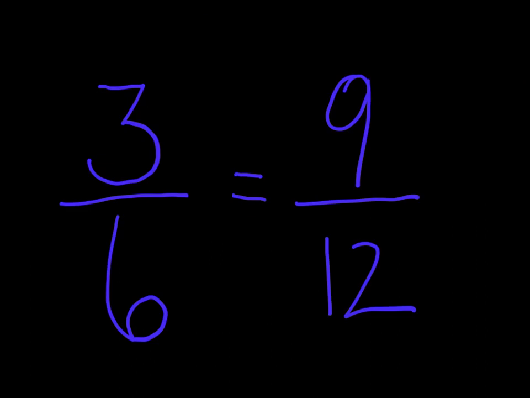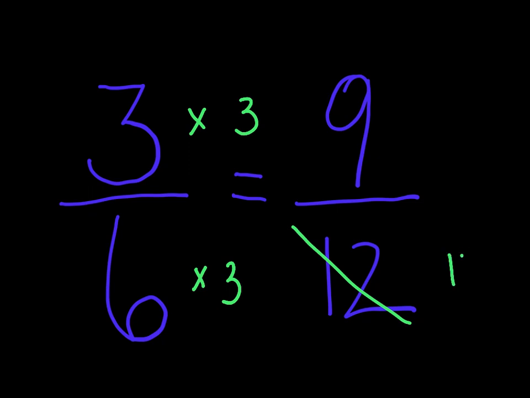What about this next one? Is 3/6 equal to 9/12? Well, if 3 is going in and 9 is coming out, what did we do? We multiplied by 3. Does that work on the bottom? Well, let's try. 3 times 6 is 18. It does not equal 12.